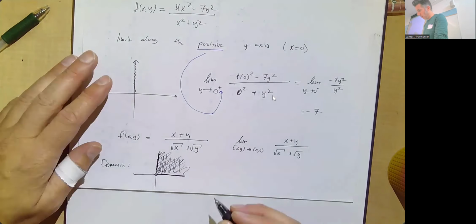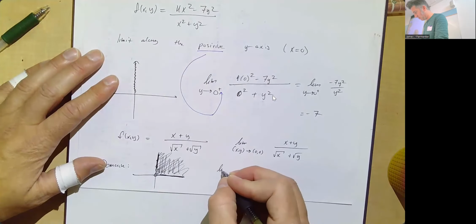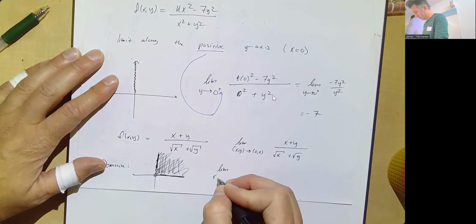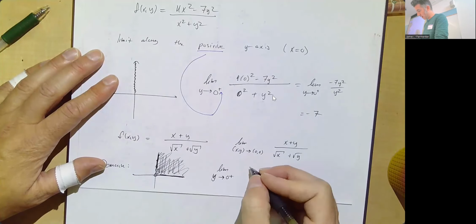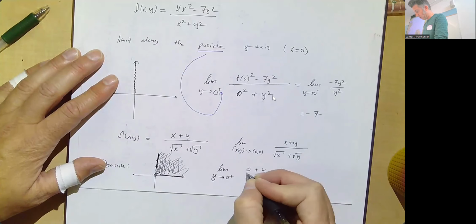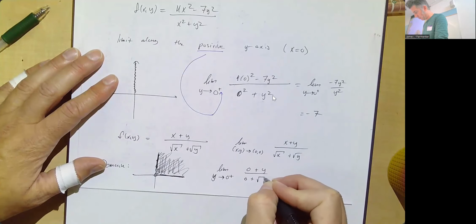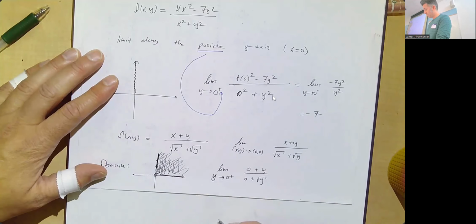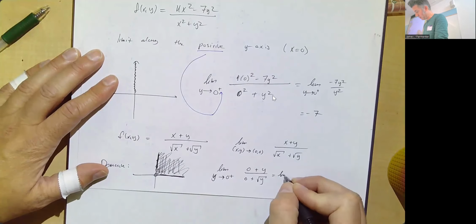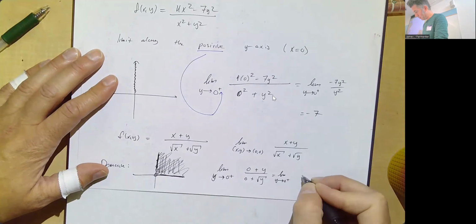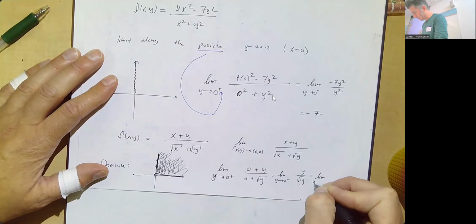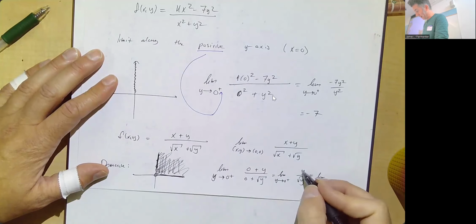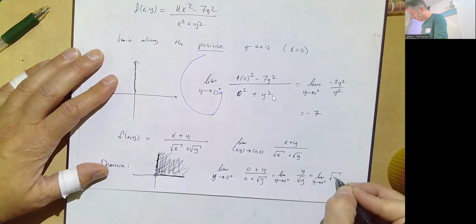So you could say, yeah, along the positive y-axis, we're going to do the limit as y goes to 0 from the right of 0 plus y over 0 plus the square root of y. And then that's the limit as y approaches 0 of y divided by the square root of y, which is just the limit as y goes to 0 from the right of the square root of y.